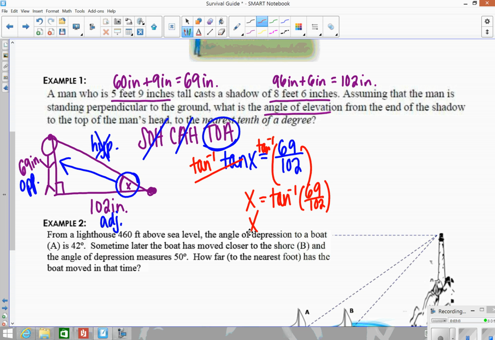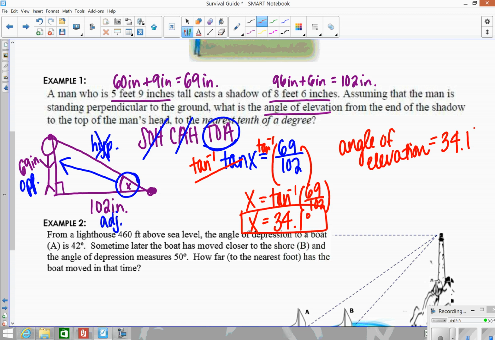So nearest tenth will give me 34.1 degrees for the angle of elevation. So I should say angle of elevation, make sure you actually answer the question, equals 34.1 degrees.